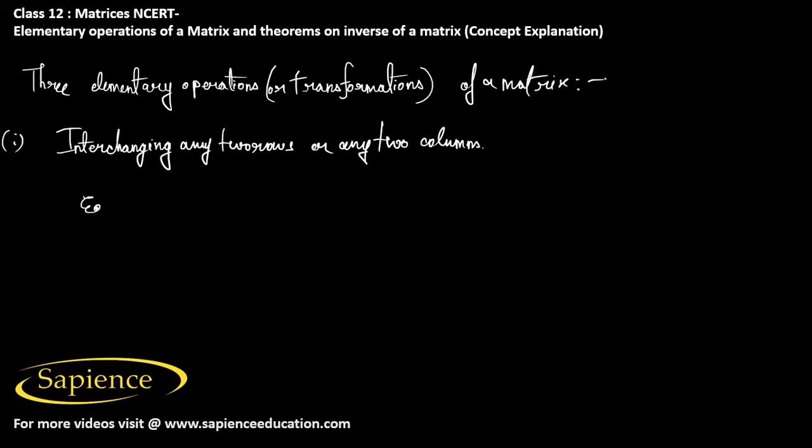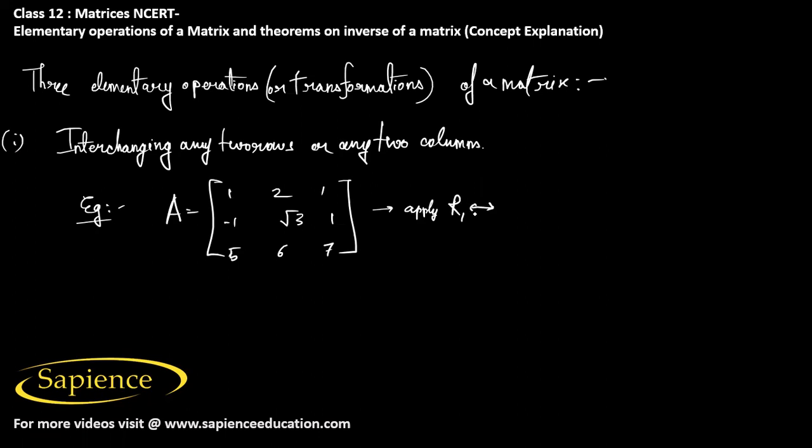Suppose, for example, we have the matrix A, which is 1, 2, 1; minus 1, root 3, 1; 5, 6, 7. On this matrix A, we apply the elementary operation R1 interchanged with R2. It means the first row will change into the second row and the second row will go to the first row.